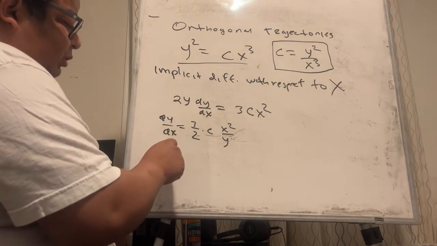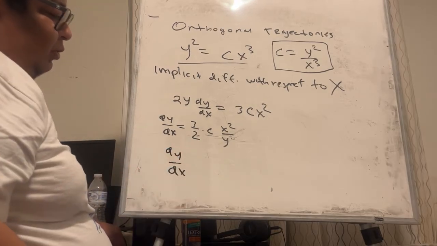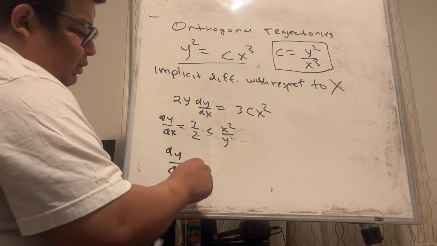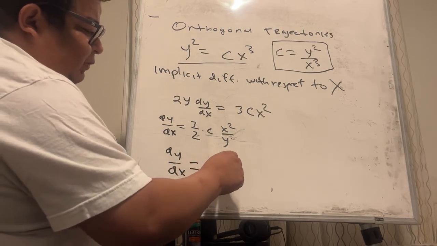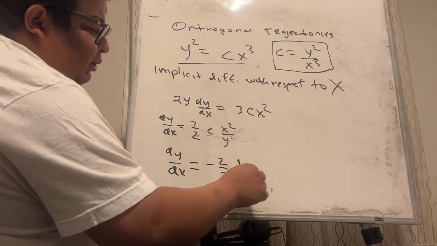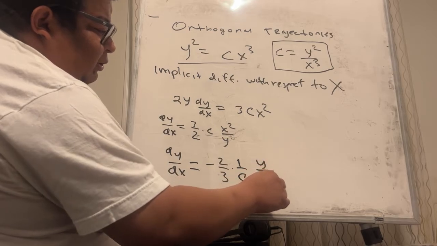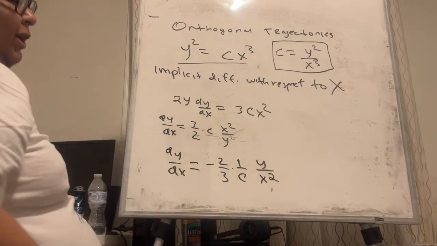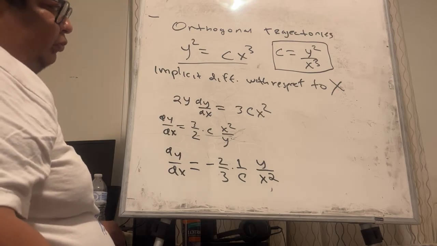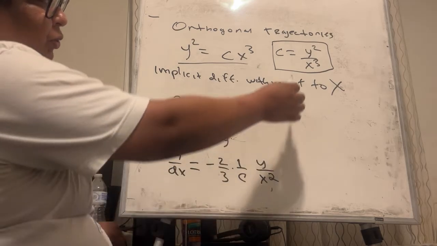So dy dx is equal to negative 2/3 times 1 over c and then y over x squared. I just do the negative reciprocal. Now we plug in c, which I found there.